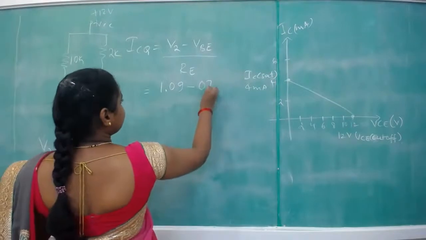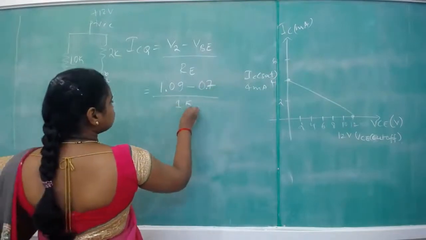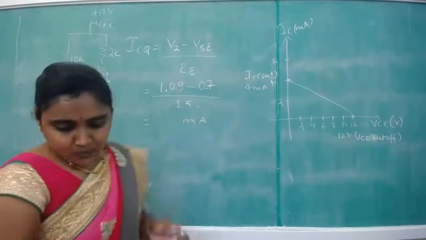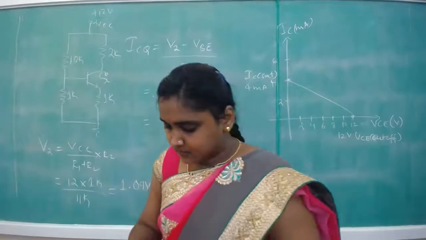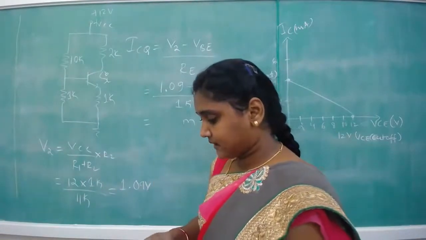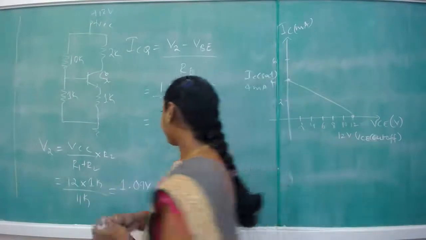This is a silicon type. So 0.7 divided by 1K. That means the value will be in terms of milliamperes. 1.09 minus 0.7, 0.39.